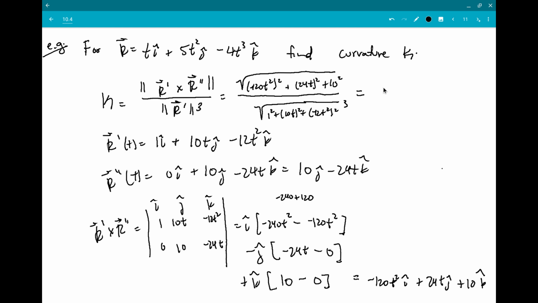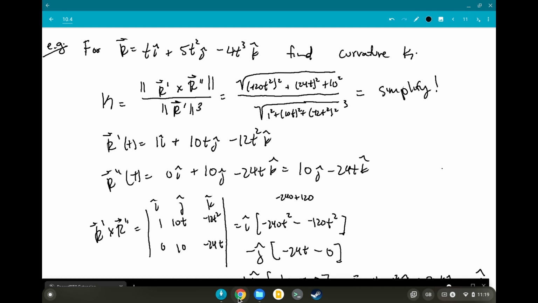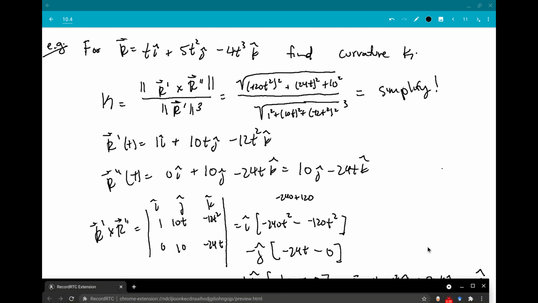Simplifying this is a whole lot of algebra, but hopefully not difficult. I'm not going to do it because I really don't want our videos to run over an hour this week. And quite frankly, I think if you put this form into WebWork, it would accept it anyhow.